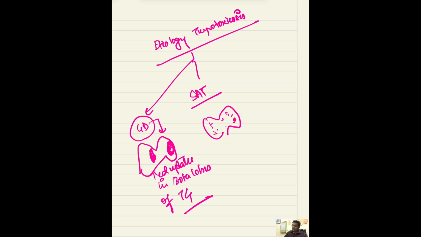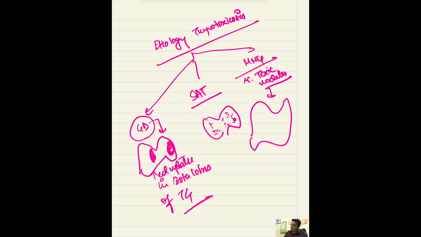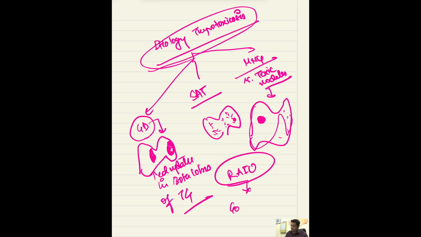Some patchy uptake here and there is going to be there. While in case of MNG or a toxic nodule producing the hormone, it is going to be somewhat like this, that this is the toxic nodule and it is suppressing the whole of the other gland. So this is the gold standard. Radioactive iodine uptake is the gold standard.